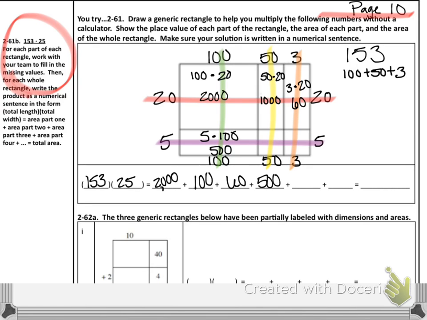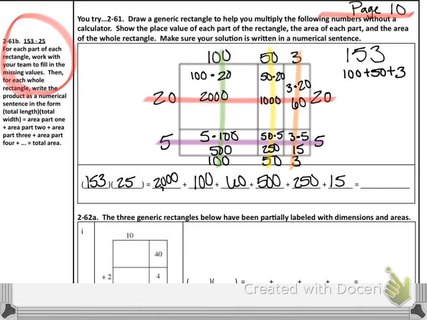Make sure you're transferring the values as well. My yellow 50 multiplied by my purple 5 is going to give me 250. And then finally, my orange 3 multiplied by my purple 5 is going to give me 15.